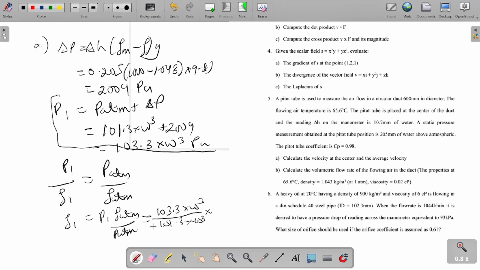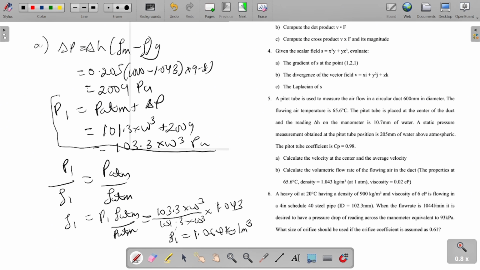Then we know that rho ATM was given as 1.043. So this leads us to a rho 1 of 1.064 kilogram per meter cube.